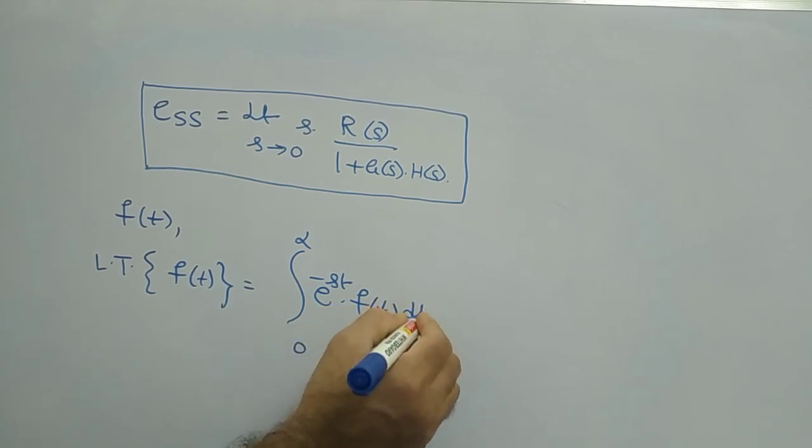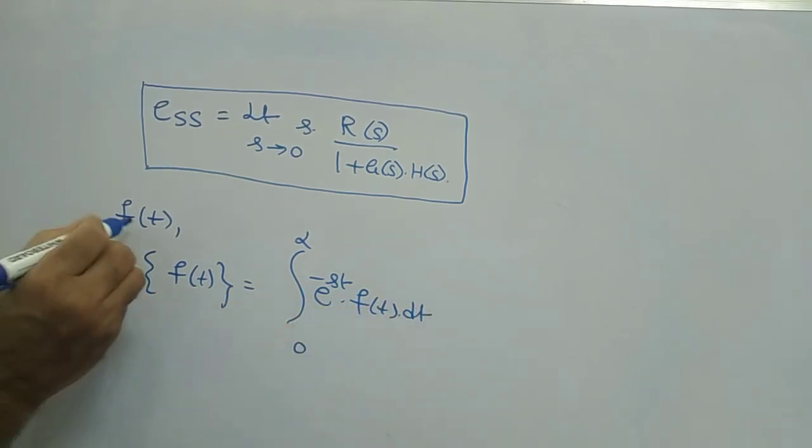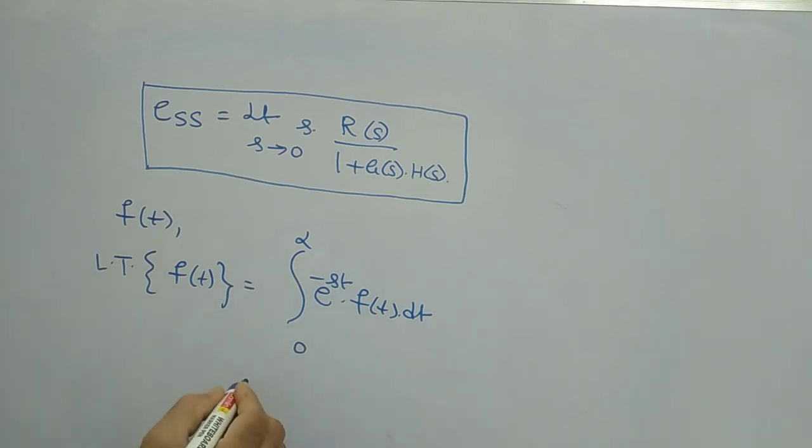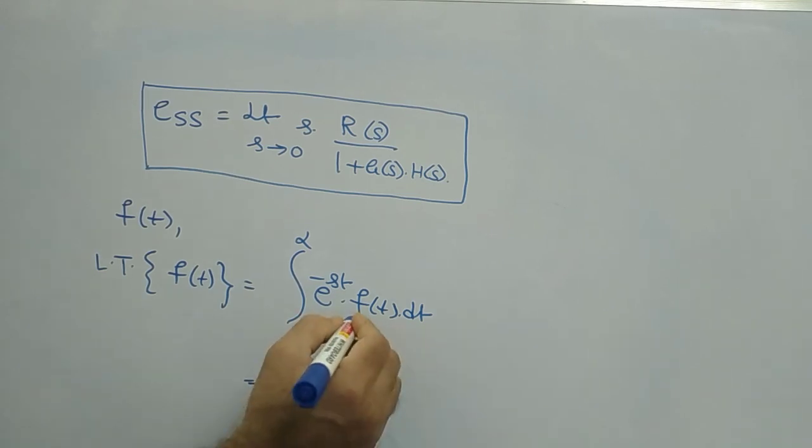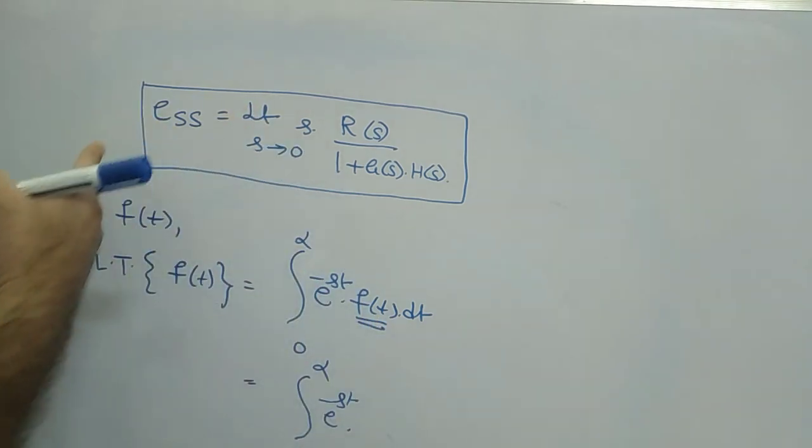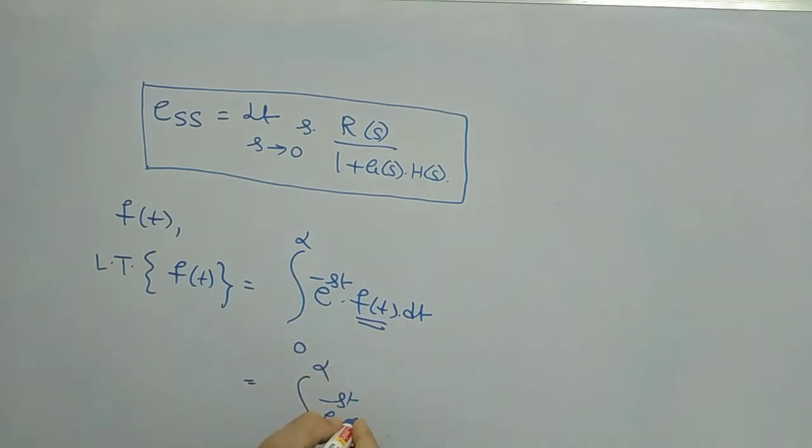This is the Laplace transformation definition of f(t). Here in this definition, substitute 0 to infinity, e^(-st). What is f(t)? f(t) is nothing but your r(t) input. What is that value? 1, no? It is 1 into dt.